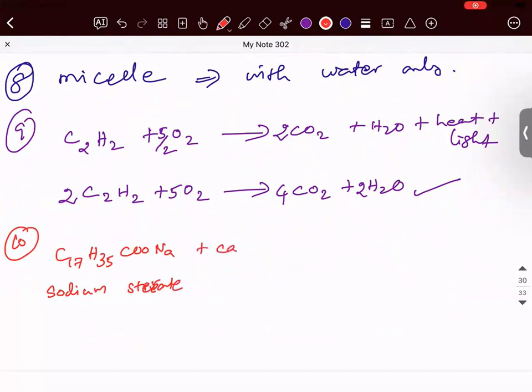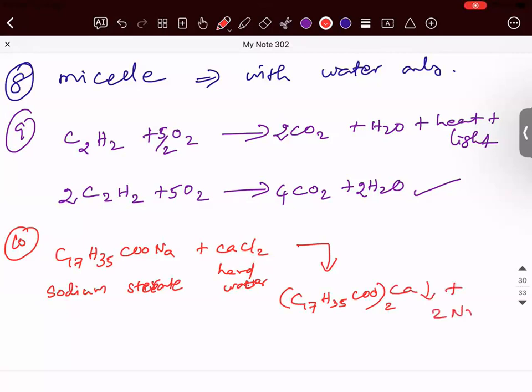When you add calcium chloride, that means hot water which contains calcium chloride, it gives (C17H35COO)2Ca plus 2NaCl. This becomes calcium stearate. Scum.